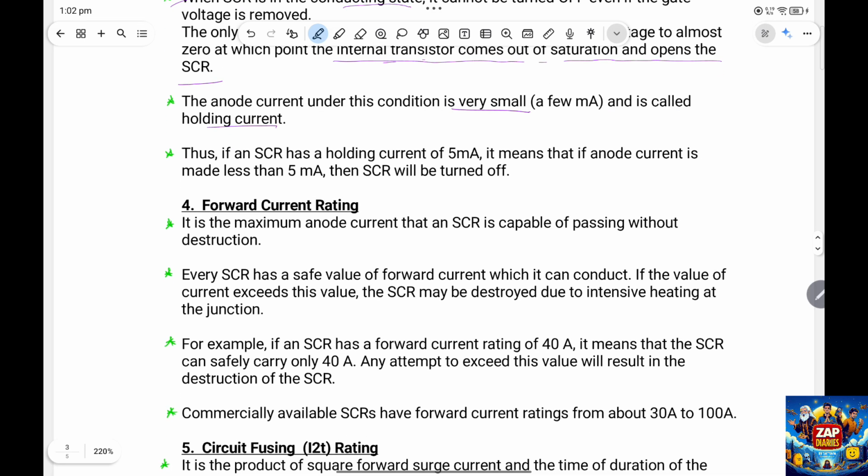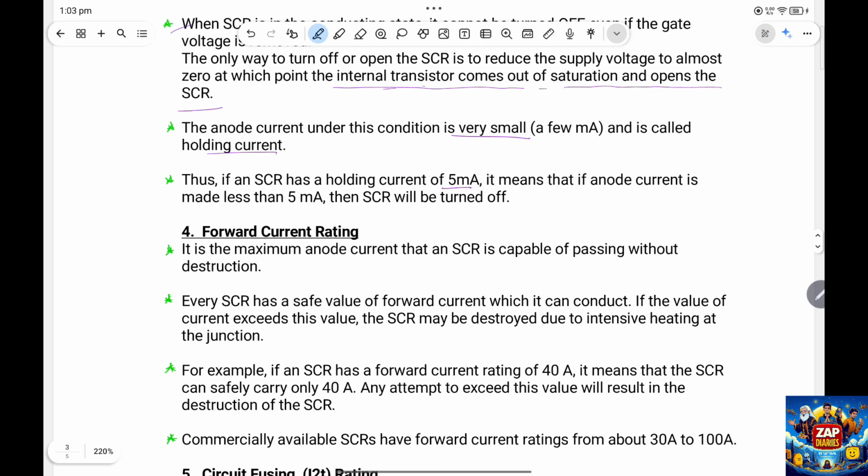Okay, if an SCR has a holding current of 5 milliamps, it means if the anode current is made less than 5 milliamps, the SCR will turn off. So this is the example.